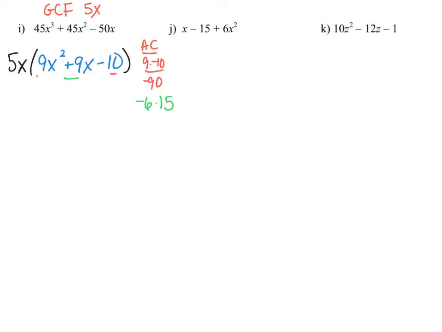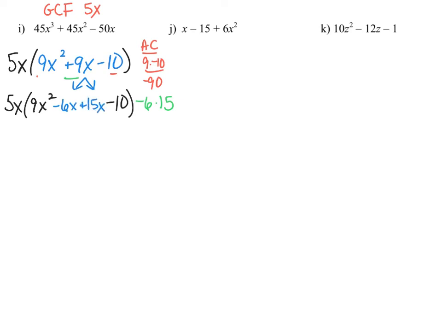So we keep that greatest common factor outside, and we're going to split up the middle term in that trinomial. The first term is 9x squared and the last term is negative 10. But that middle term of plus 9x, we're going to split up into a minus 6x and a plus 15x.